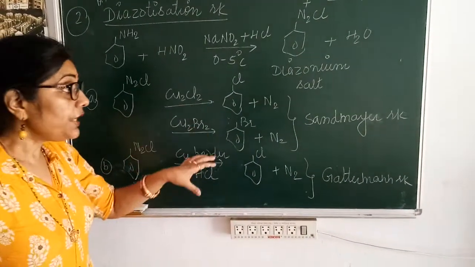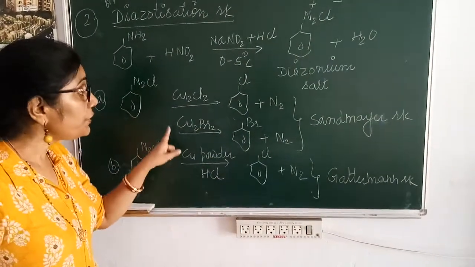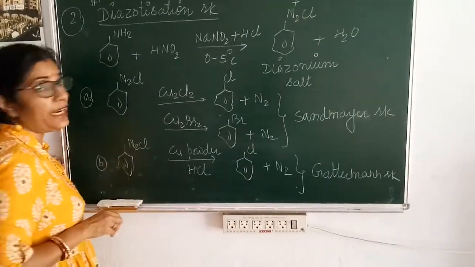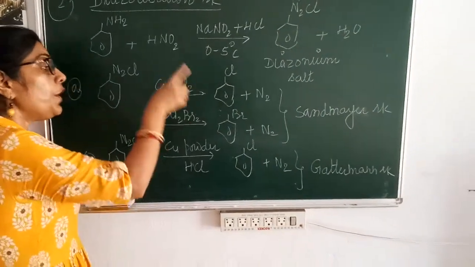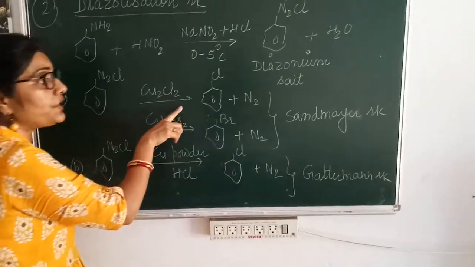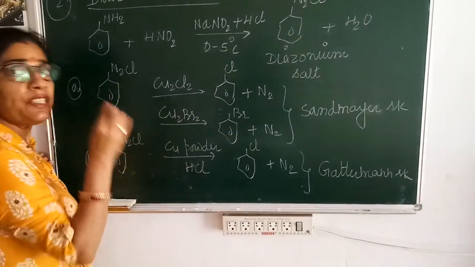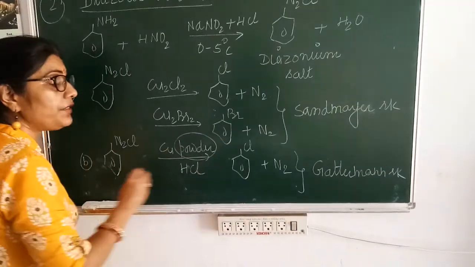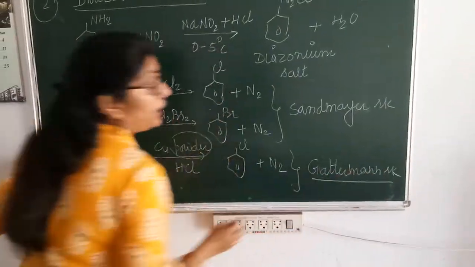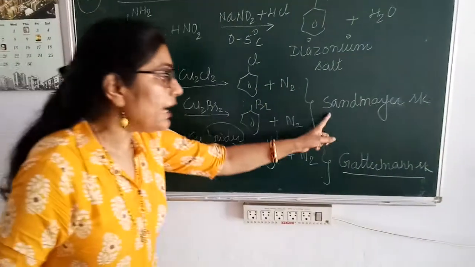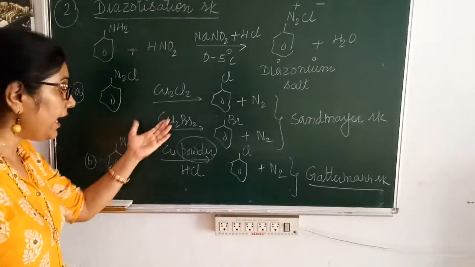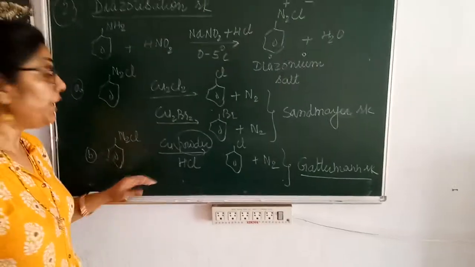So just see the difference. What is to be noted here? If copper 1 chloride is there, Cu2Cl2 or CuCl in presence of HCl, then we get chloro and bromobenzene accordingly. But if copper powder is there, then the name of the reaction changes. So the difference between Sandmeyer and Gattermann: here copper 1 halide, and here copper powder is used.